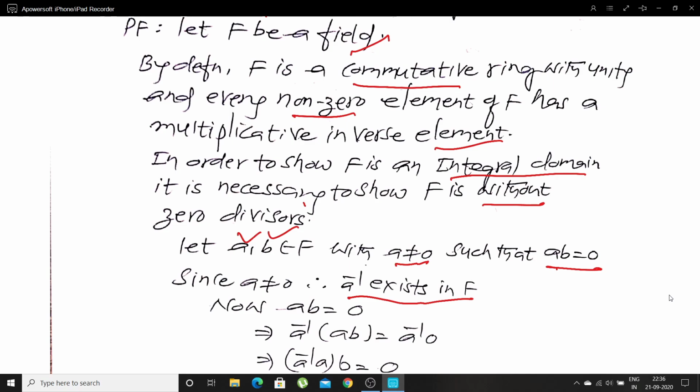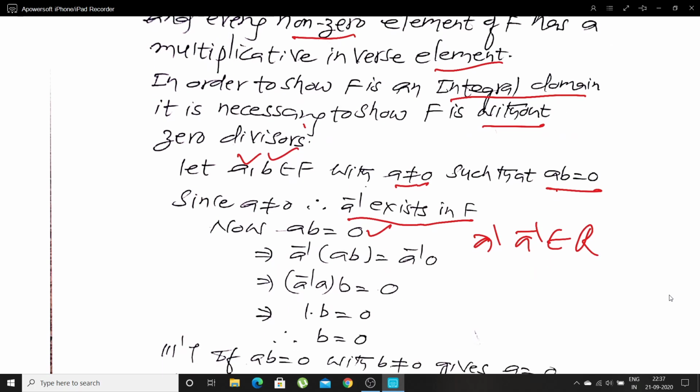If it is a ring, the inverse element exists. Let me consider the product of these two elements equal to 0. Since a inverse is an element of R, that means F, I will multiply both sides by a inverse, the left multiplicative inverse. a inverse dot a, here I will make use of the associative law. a inverse dot 0 equals 0. a inverse dot a means 1. 1 dot b equals 0.